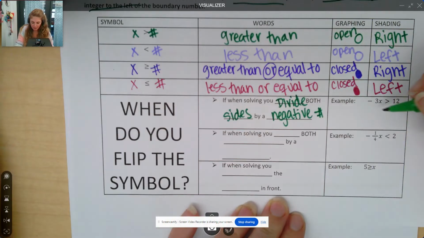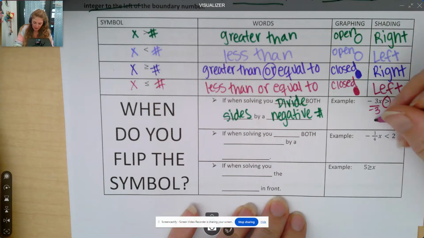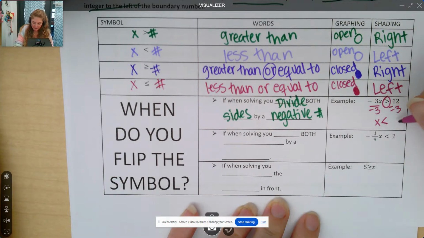For example, here, to get x by itself, I divide both sides by -3. I like to circle my symbol whenever I'm going to be flipping it, and that means that x is less than -4. Good job there.